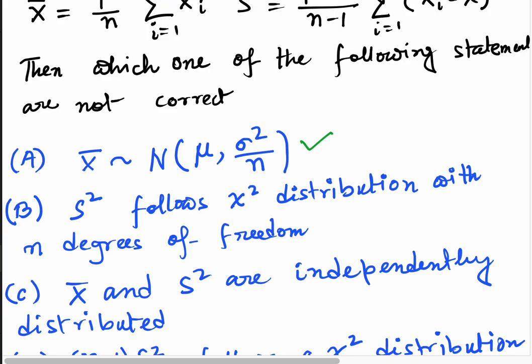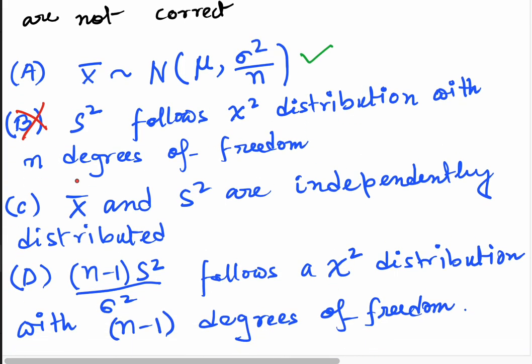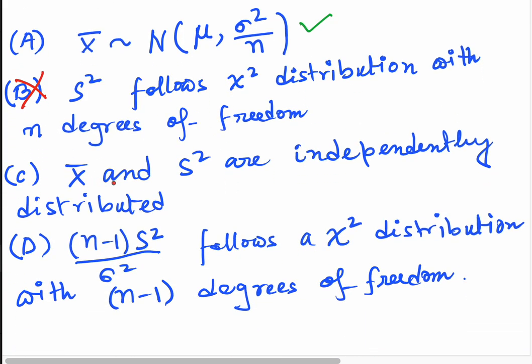So that means B is not correct. And sample mean and sample variance are independent. That is also true. And n minus 1 s square by sigma square follows a chi-square distribution with n minus 1 degrees of freedom. So that is true. So A, C and D are true, and the false answer is B.